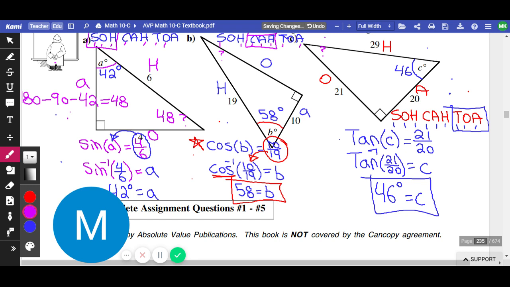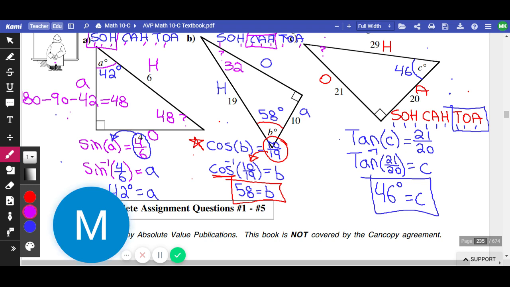So if you have the other angle, it's really easy to find your third angle. Just remember that trick, because it will pop up every once in a while. It should be like a really quick question, and sometimes people take a long time because they do SOHCAHTOA. But in reality, just do your trick. So 180 minus the other two. So for this one, if you went 180 minus 90 minus 58, you end up with 32.